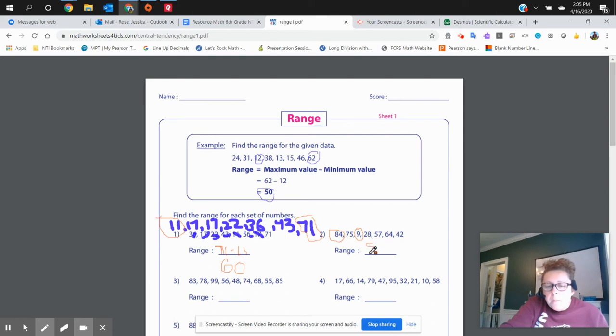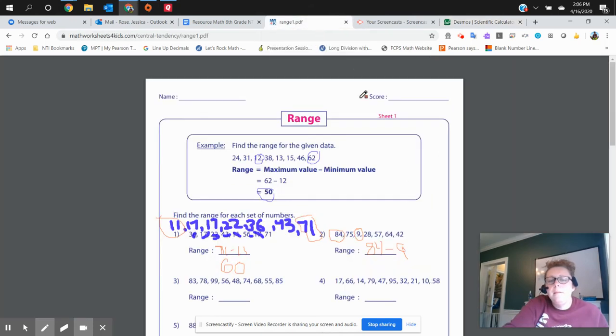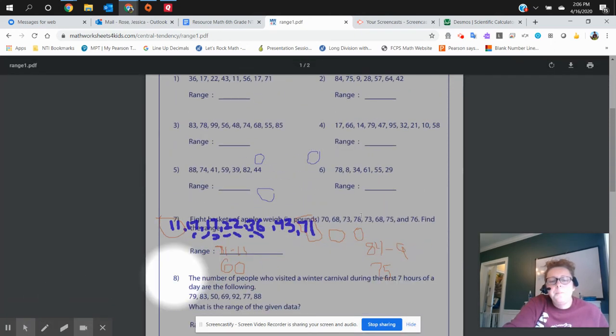And then I put 84. You put your biggest number first. Minus 9, my smallest number. And then at this point, go ahead and type that into your calculator. We get 84 minus 9, and our answer is 75. That is the range. 75. Okay. So that's how you do these.